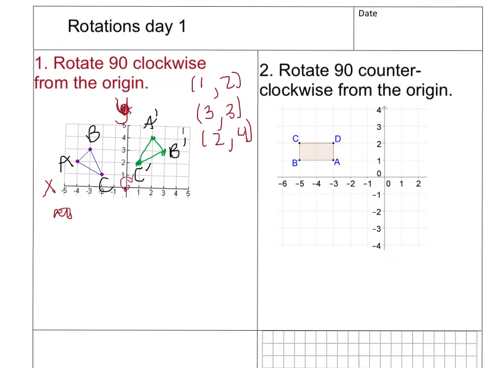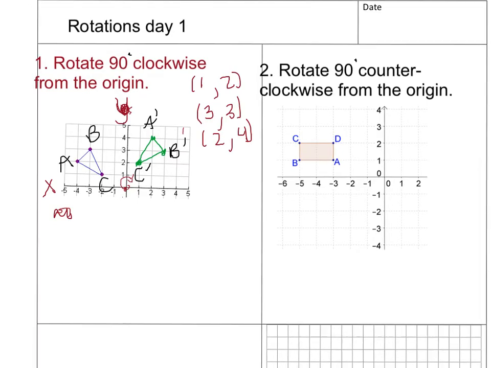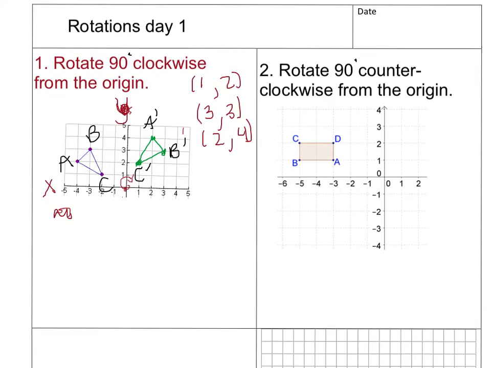Okay, so example 2. I want you to rotate this 90 degrees counterclockwise from the origin. I forgot my little degree symbols. Too small to draw. So take your paper and rotate it counterclockwise. Counter means you're moving it this way. That's counterclockwise.